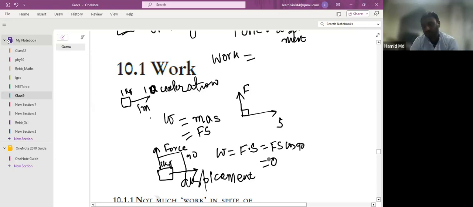So cos 90 is how much? Remember, what is the value of cos 90? Riaz, what is the value of cos 90?